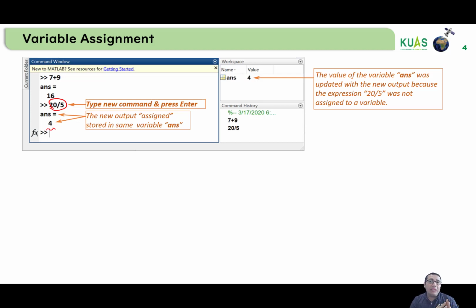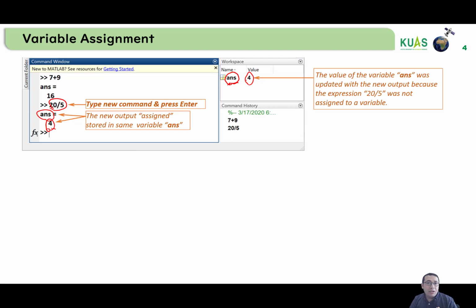But again, we didn't assign this operation to a variable, so this time ans became equal to 4. If we check the workspace, ans equals 4. It means that the previous value, which was 16, was removed and replaced with 4.